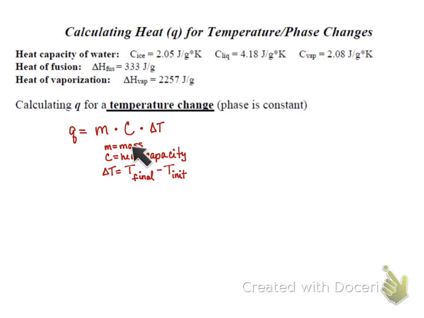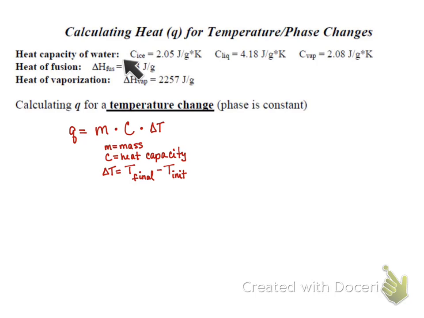And the reason why we have to do all the Q's separately, we cannot combine them all into one big calculation, is that for each phase we're going to have a different C. The heat capacity actually changes if we're talking about a solid or a liquid or a gas.